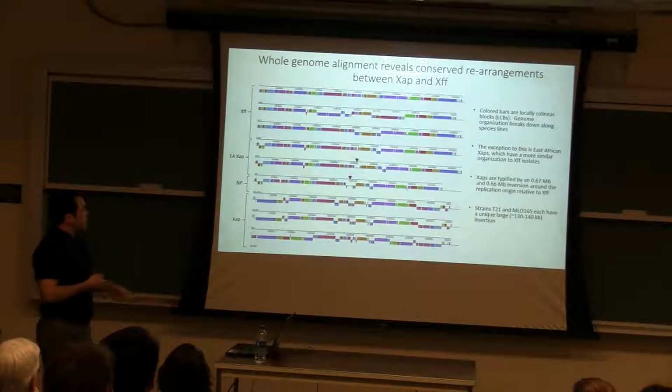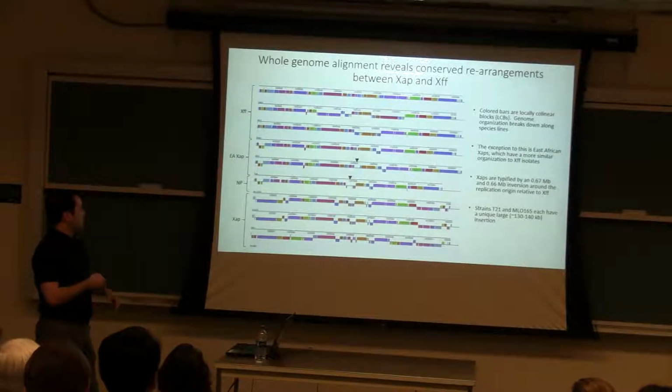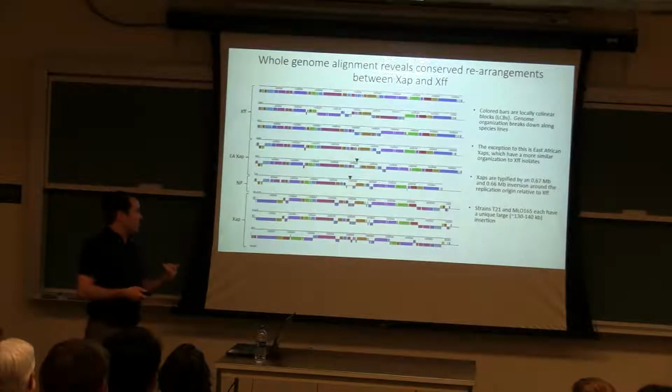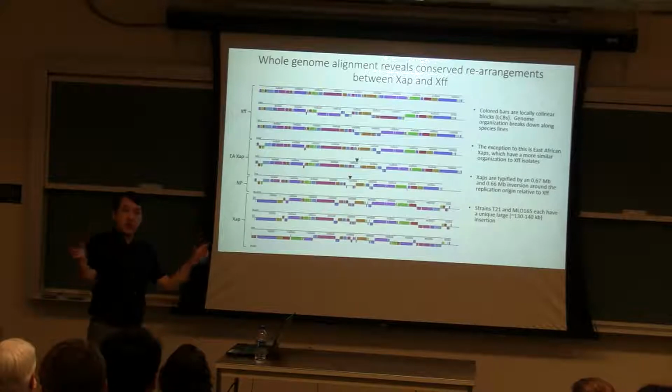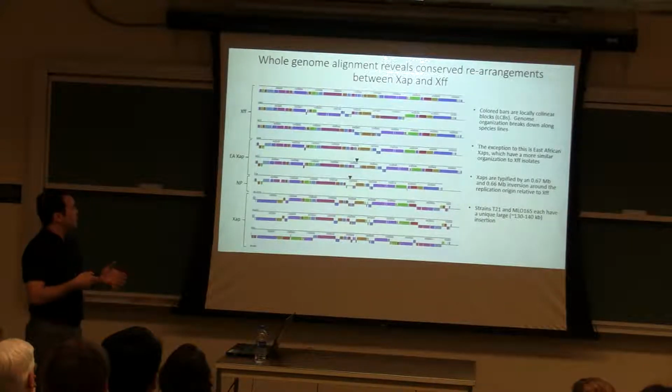One of the reasons I call this one out specifically is that one of the big differences between the Phaseoli strains and the Fuscans strains turns out to be this really big inversion around the replication origin, right? So about 0.7 megabases has been exchanged around that replication origin. You can also see that there's some variability in here within the species as well.